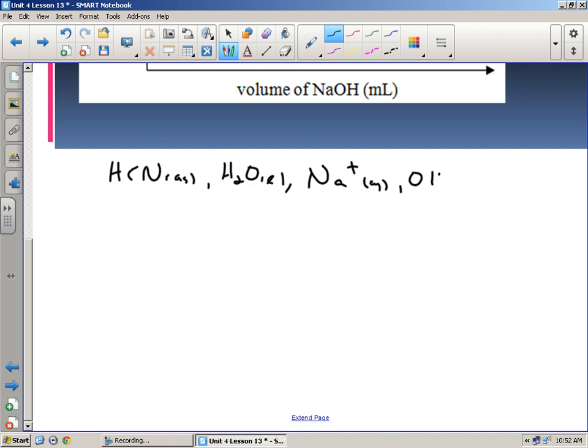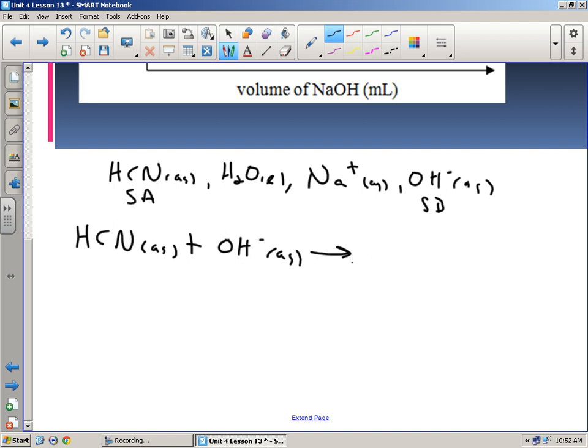Hydroxide. Strong acid, strong base. Both are like the acid. Double arrow, strong acid, strong base, weak acid.